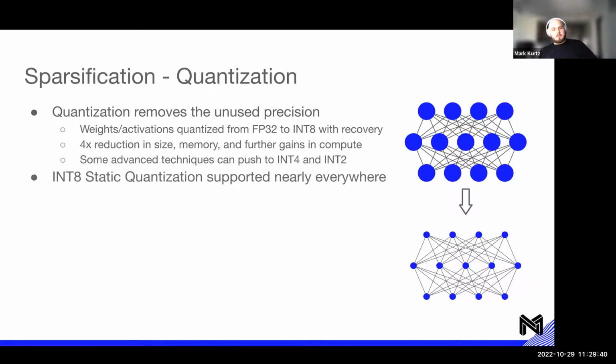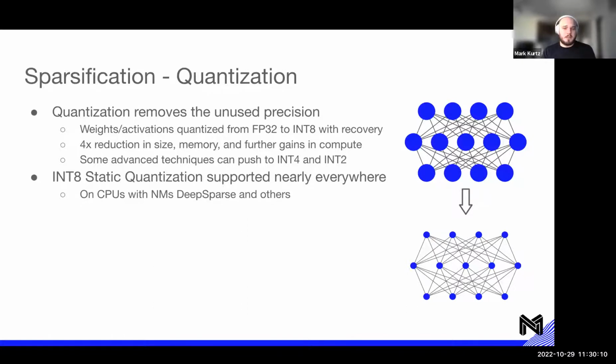So diving into the hardware a little bit, we have INT8 static quantization, which is supported nearly everywhere. On CPUs, Neural Magic's DeepSparse engine fully supports static quantization at INT8. To go through the differences between static and dynamic, definitely check out the talk from yesterday. But for today, we're just going to focus on static because that's generally where you're going to get performance, and it's pretty much always recommended.